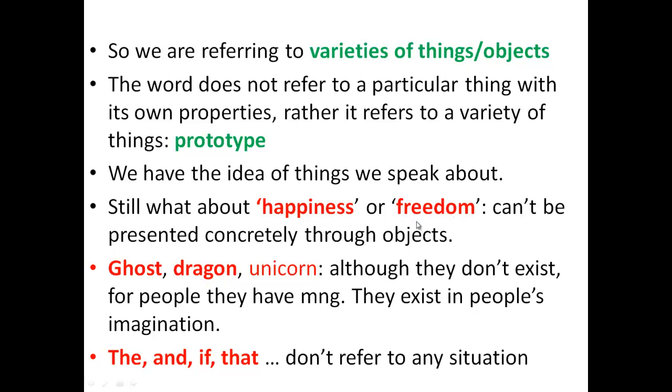I mean, there is nothing to be considered as a concrete object to say this is the object corresponding to freedom or happiness here. So which means, according to the referential theory, these two words have no meaning because they have no reference. But of course, as native speakers know, these are two different words. They have got meaning, but of course they have no object corresponding to them.